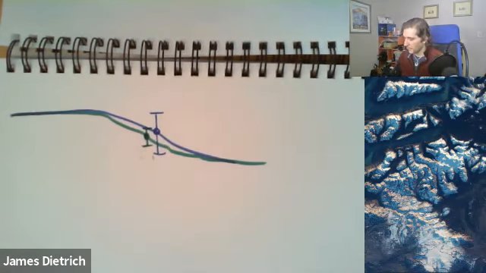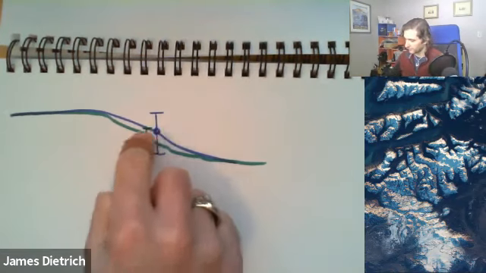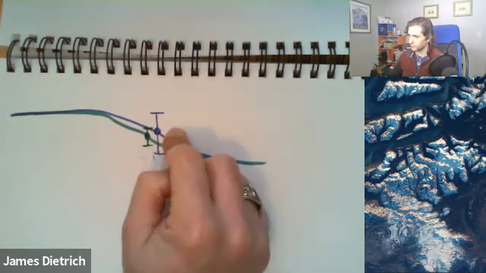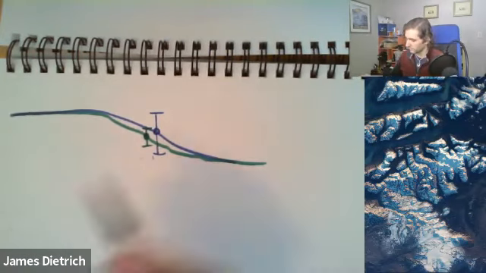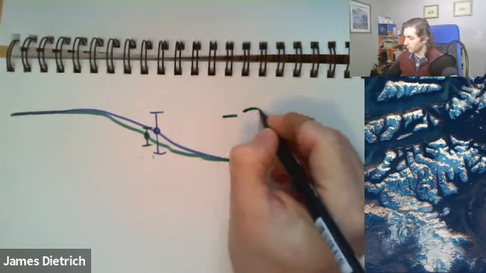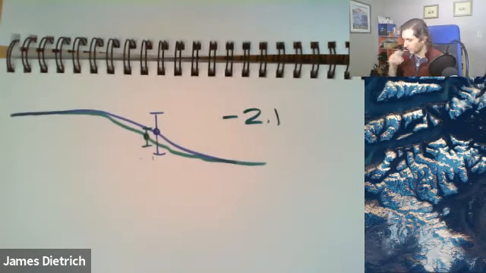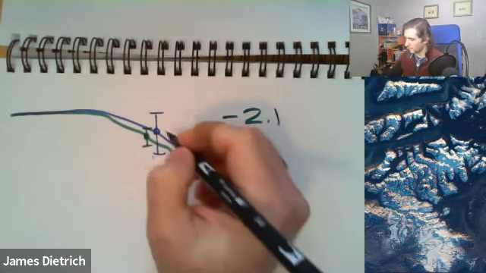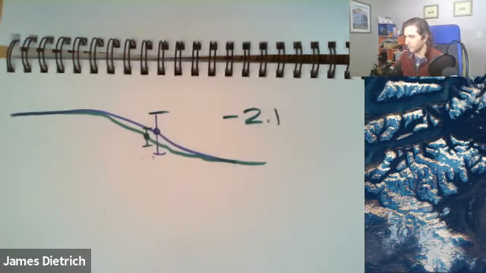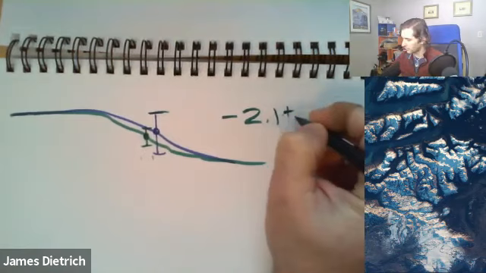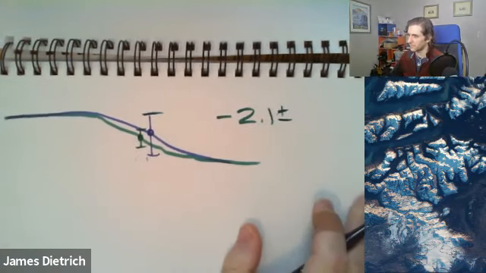The problem here is that if we difference these 2 elevations, we'll get a change, something like, let's call it minus 2.1. But because of the error bars on our first measurement and the error bars on our second measurement, we have to include a plus or minus value on this.